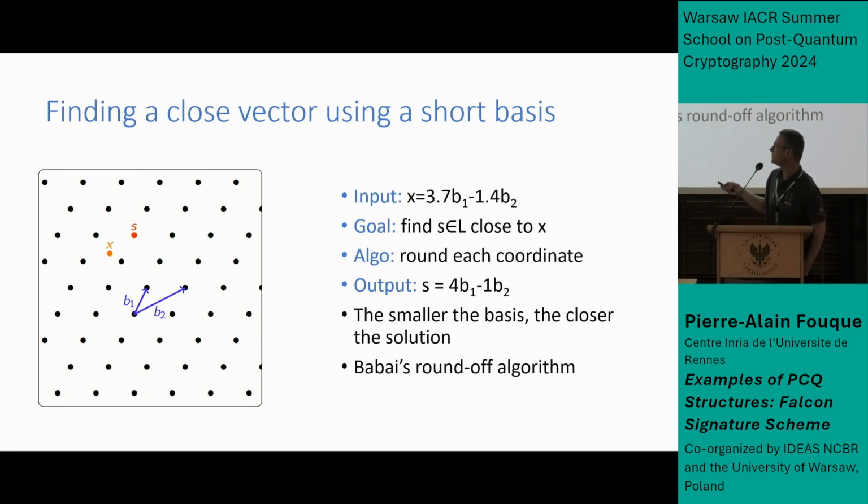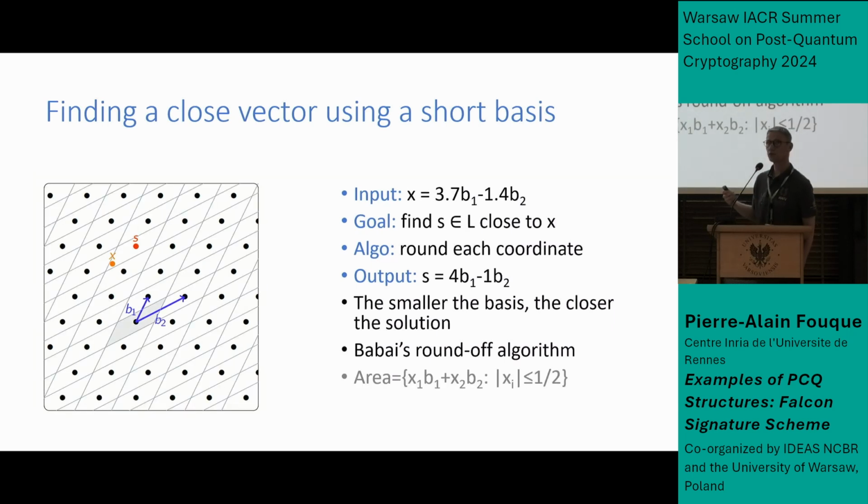You can see on the picture that we begin with as input the value x, and we get the value s, which is close to x, and it is in the lattice. However, there are also closer solutions to this value. So this is one of the algorithms that we use to solve the closest vector problem. And there is also another problem, but I will look at it a little bit later.